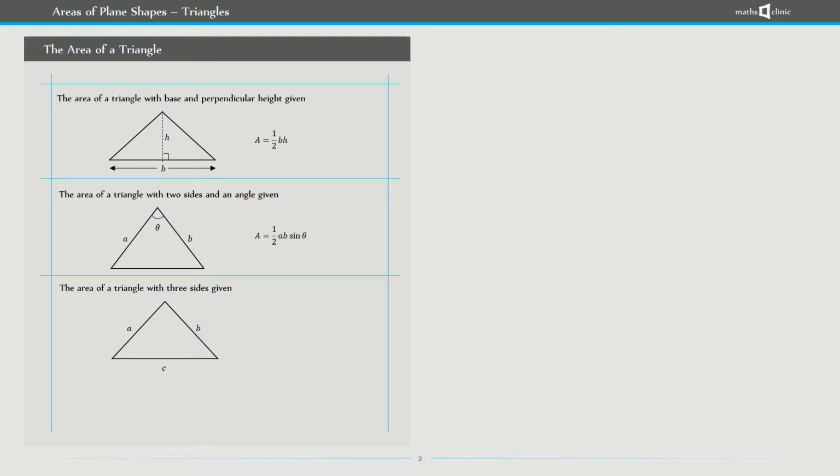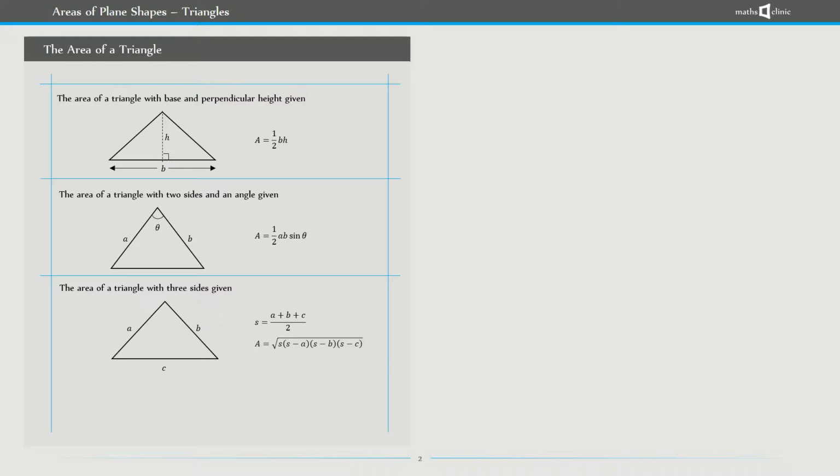To find the area of this triangle, you make use of something called Heron's formula, and Heron's formula is actually in two parts. The first thing you need to do is find S. S is called the semi-perimeter of the triangle, so you find the perimeter of the triangle, i.e. add all three sides and divide by 2.